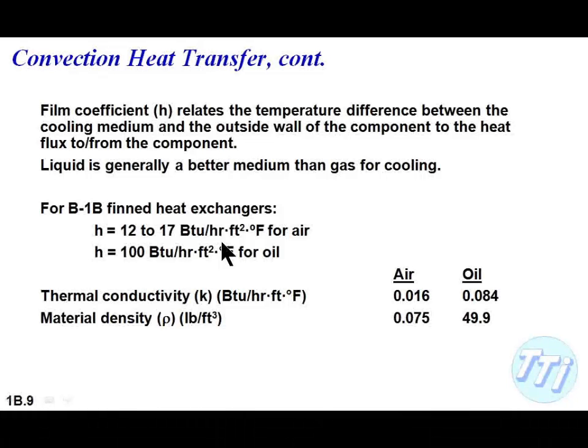Just some things to note. Water and liquids tend to have higher heat transfer coefficients for a given geometry than, say, a gaseous medium. Here's a comparison between air and oil for one particular application. Heat transfer coefficients for a particular flow of air were on the order of 12 to 17 BTUs per hour per foot squared degree F, and they're an order of magnitude higher for oil.